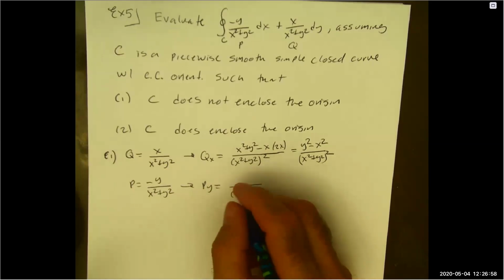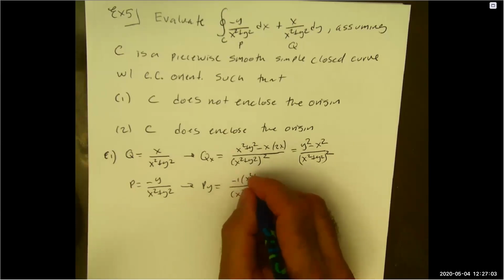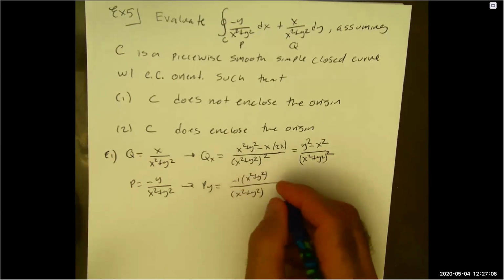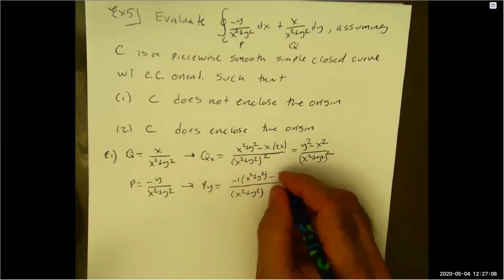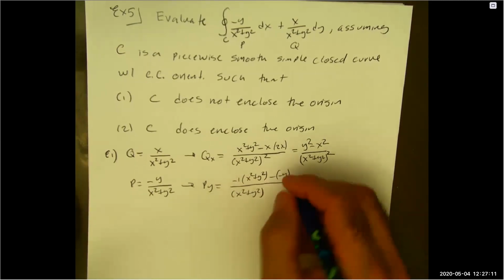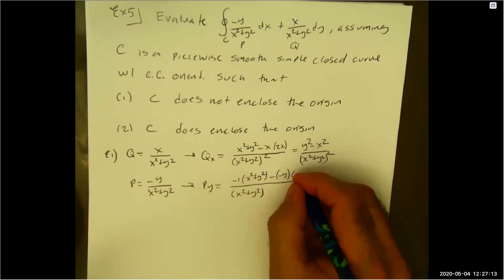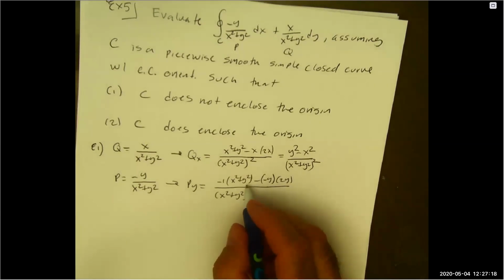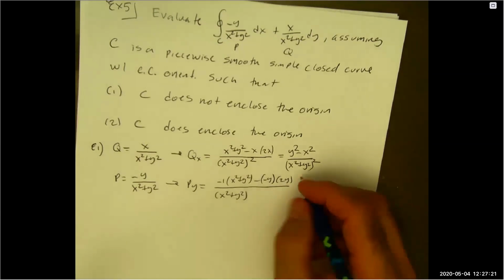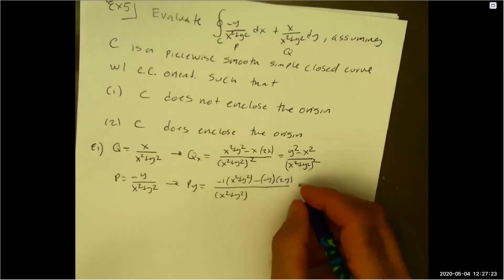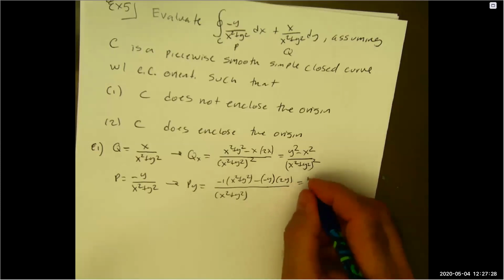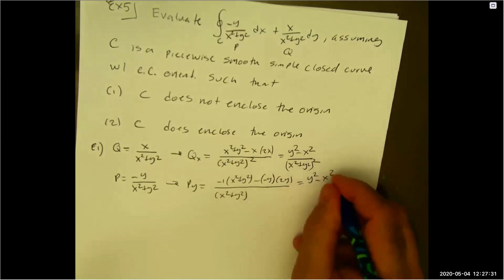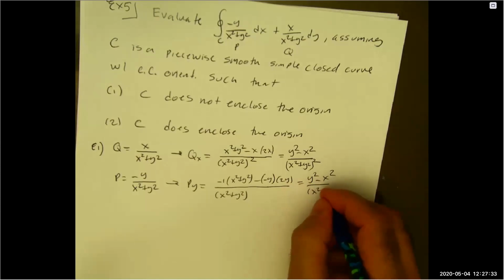And then we have the low times the derivative of the high, which is negative 1, minus the high times the derivative of the low, which is 2y. And so in this case, we're going to have minus x squared plus y squared. So this is going to end up being y squared minus x squared over x squared plus y squared, squared.